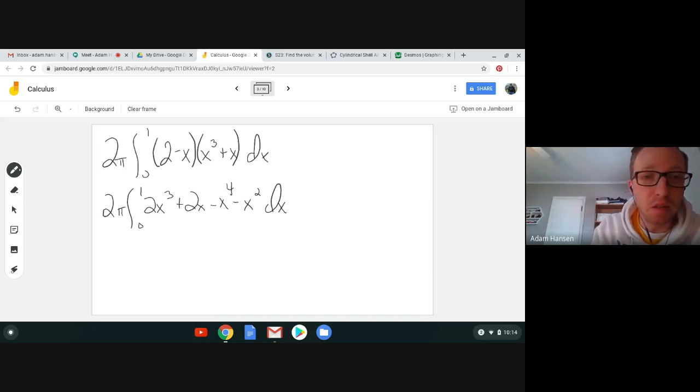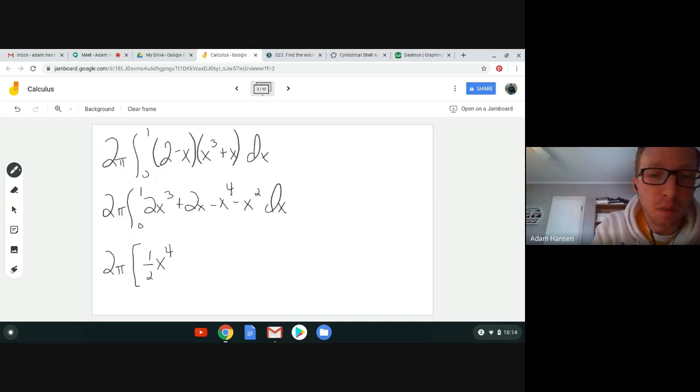Nothing to combine, so let's go ahead and start finding the antiderivative. Looks like 1/2 x to the fourth plus x squared minus 1/5 x to the fifth minus 1/3 x cubed, evaluated between 0 and 1.